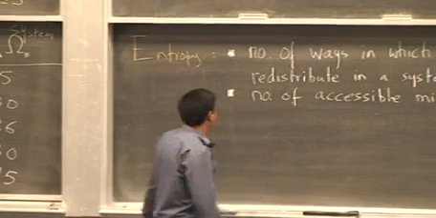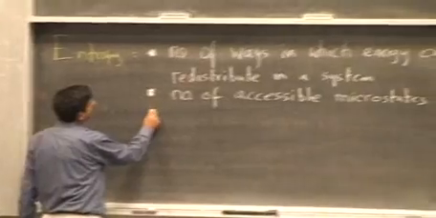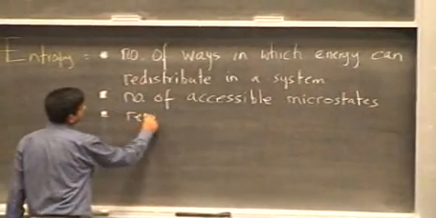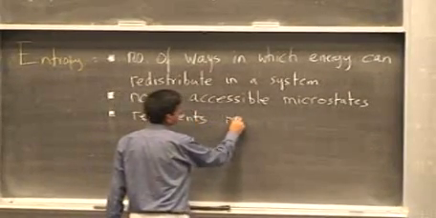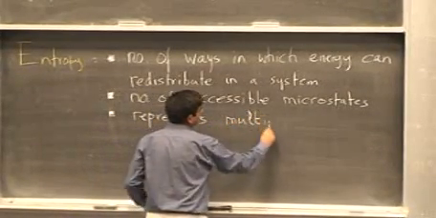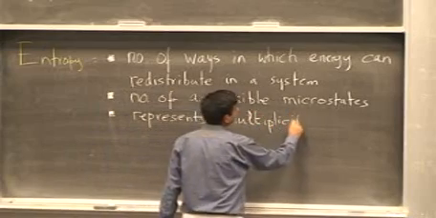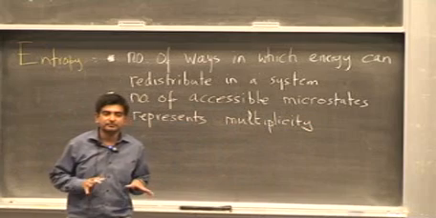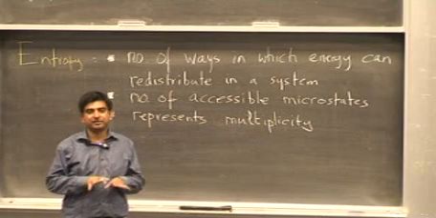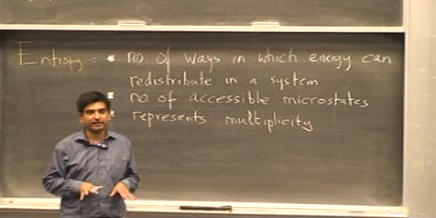Another possibility is that entropy represents multiplicity. Now I'm going into semantics, or multiplicity means how many states are available. Okay?